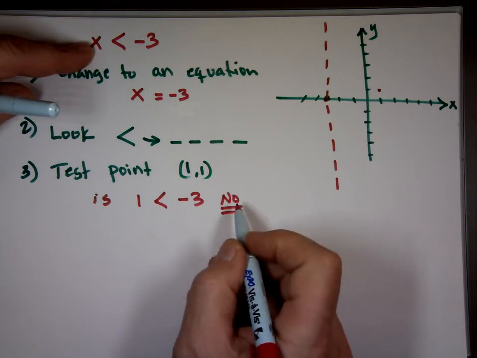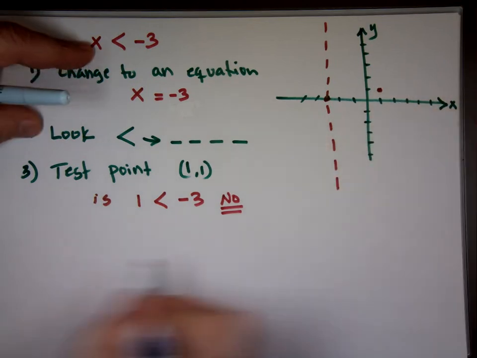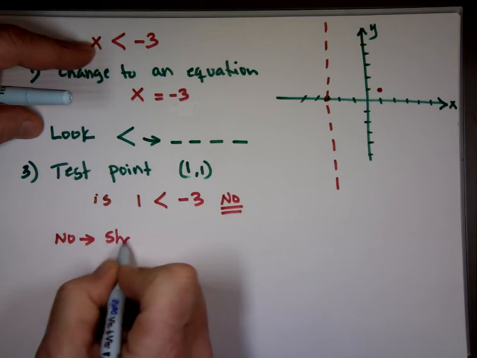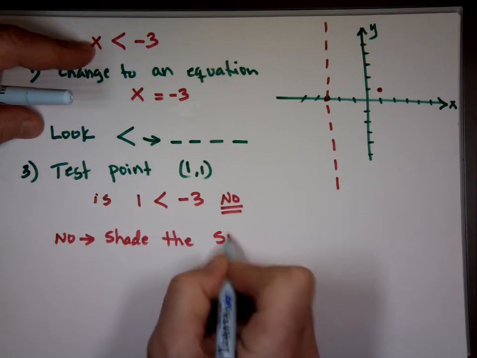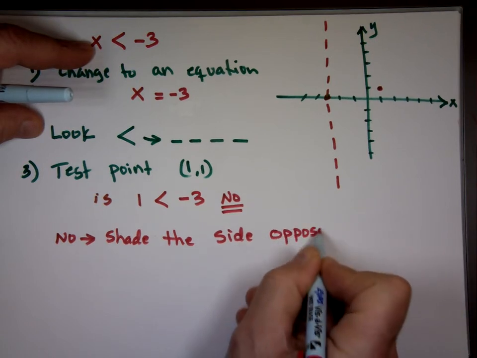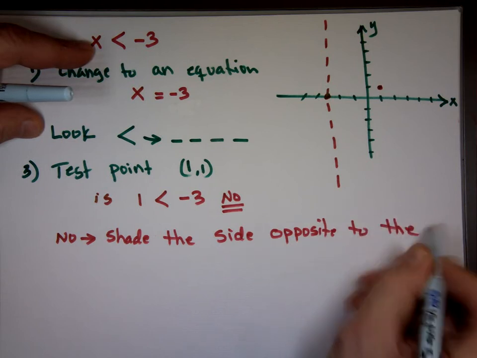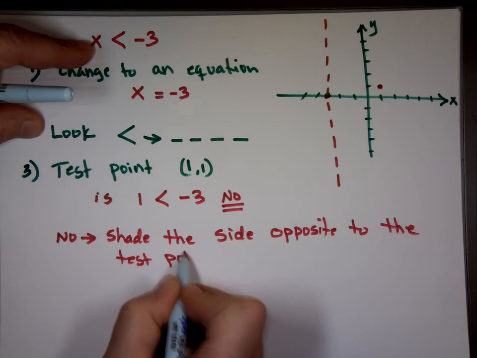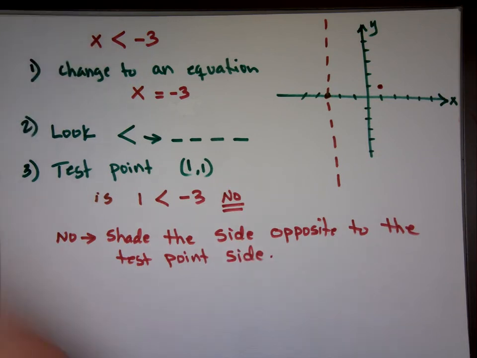Now, if the answer is yes, we shade the side where the test point is. Since the answer is no, we shade which side? Yep. Shade the side opposite to the test point side. The test point side is on the right.